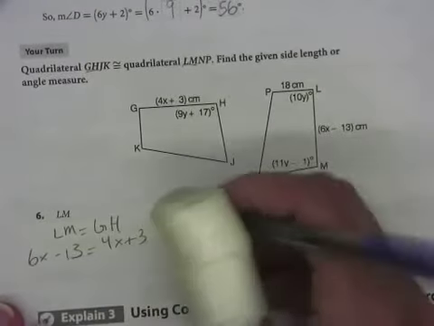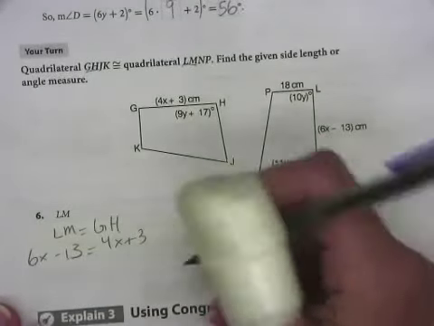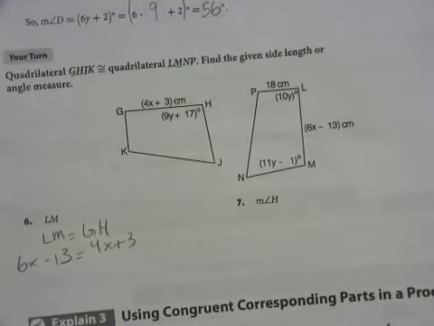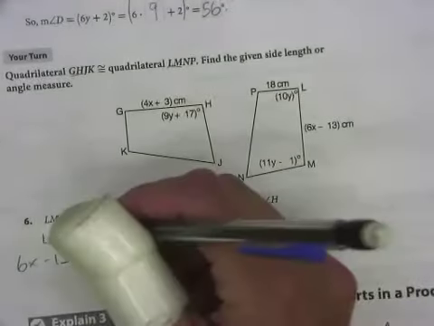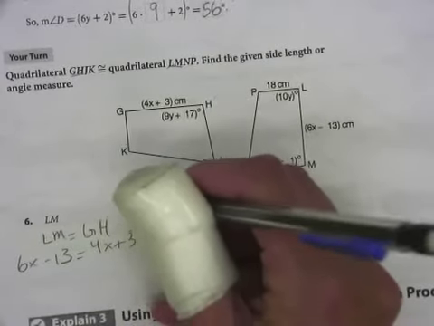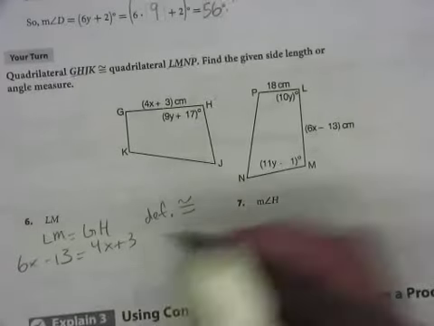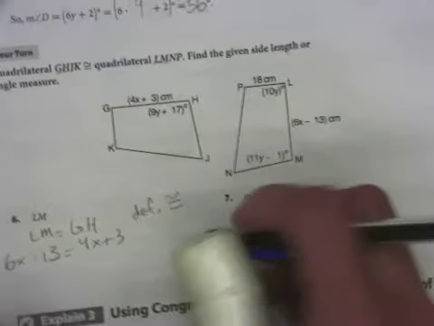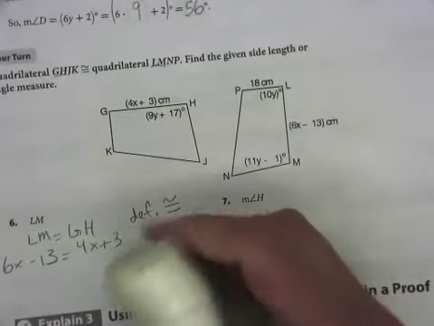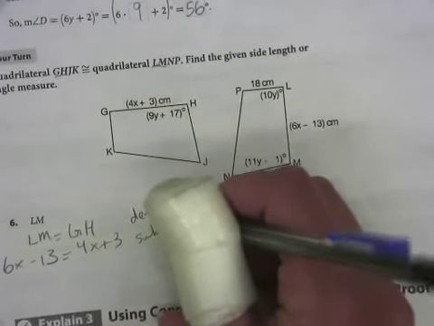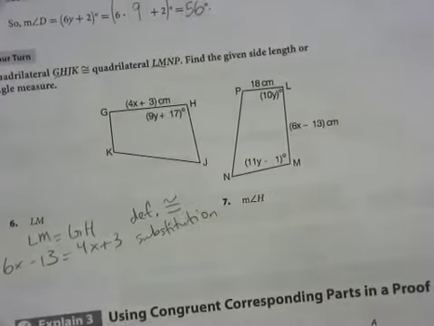That's the 4x plus 3. Okay, so if I wanted to write a reason for each statement to kind of get me ready for example 3, this would be the definition of congruent. This would be substitution.